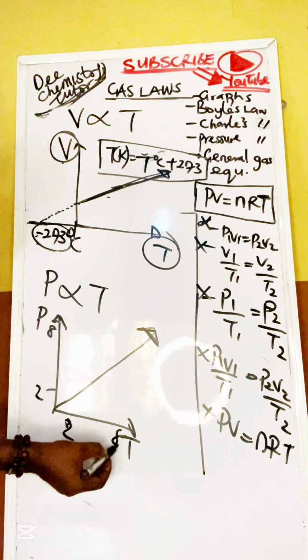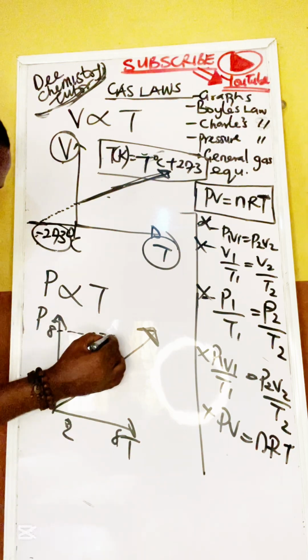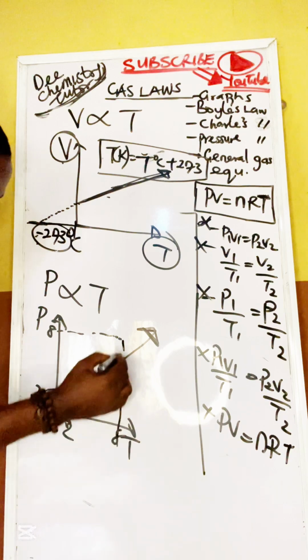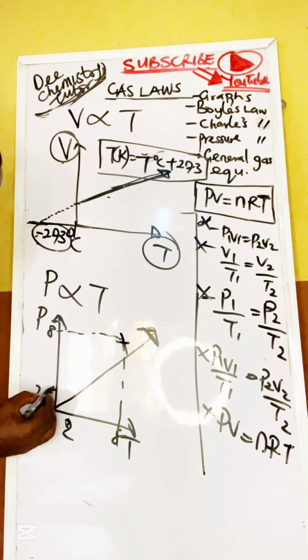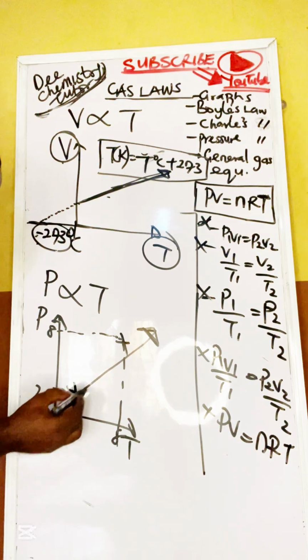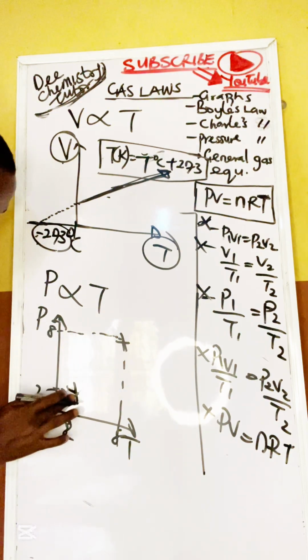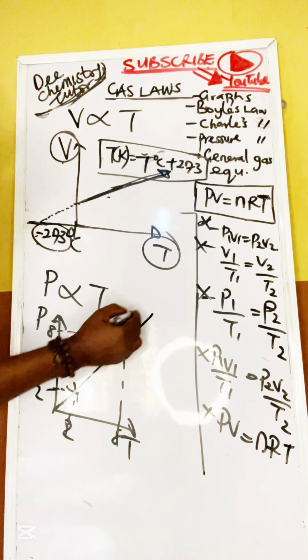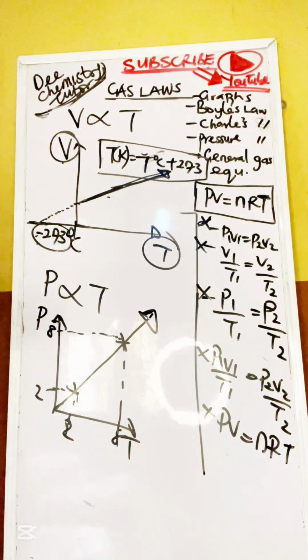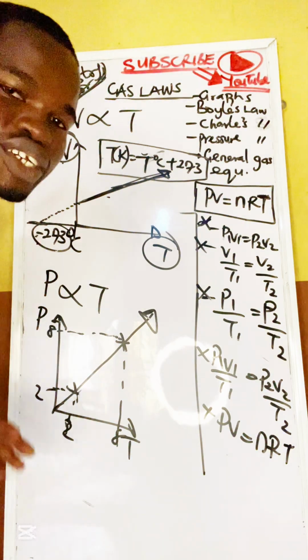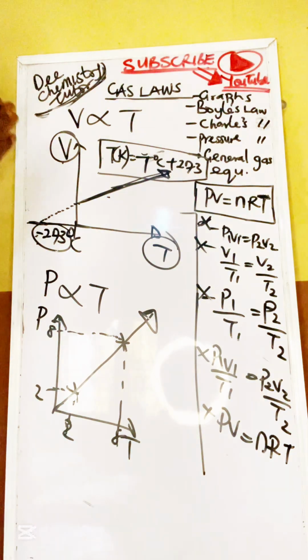When this increases, this also increases. When this decreases, this also decreases. So if you plot them together, that's why you have that straight line graph. I'm just giving you a hypothetical way to know it. So that explains that. These are the graphical representations of these gas laws.